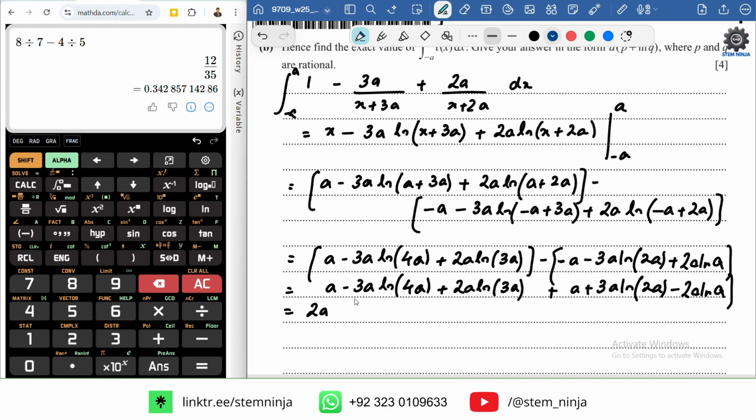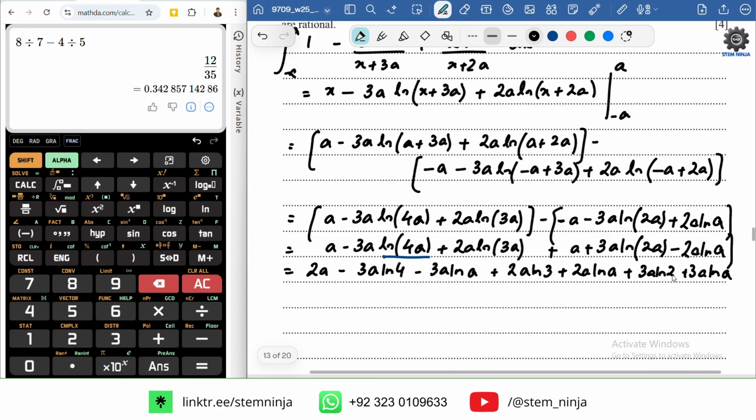Alright, I think we can separate out the ln 4a as ln 4 and ln a. So minus 3a ln 4 minus 3a ln a plus 2a ln 3 plus 2a ln a, then similarly 3a ln 2 plus 3a ln of a minus 2a ln a.